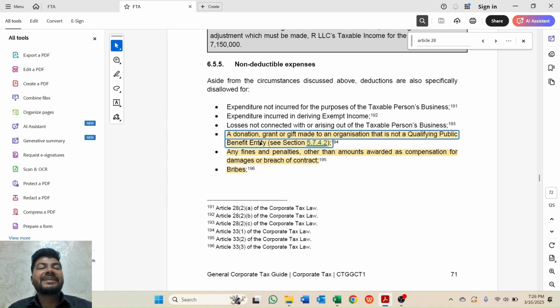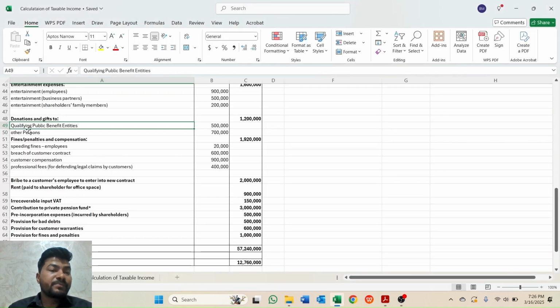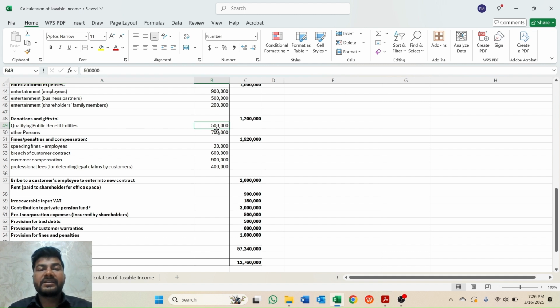We cannot take a deduction of such expenditure. Here, since it is a public benefit entity, this is totally allowed. So 500,000 is totally allowed, and for other persons it is totally disallowed. So 700,000 will be added back.